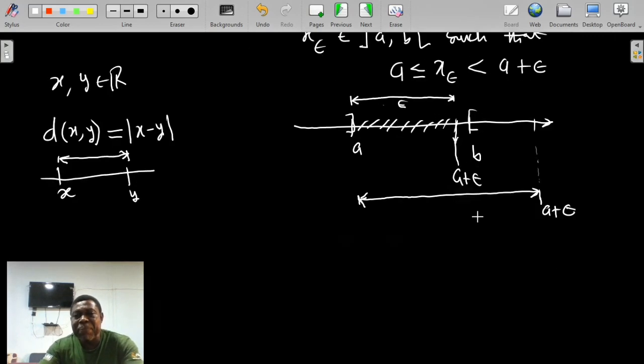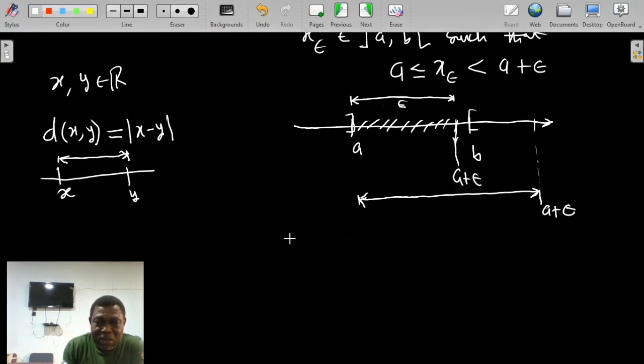So if this is the case, with the picture I've given, we are looking for x epsilon in AB that will satisfy this inequality. It must be greater than or equal to A, but less than A plus epsilon. So how do we make the choice of this x epsilon?